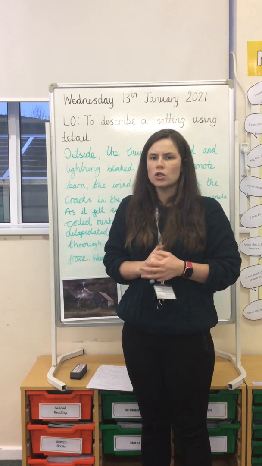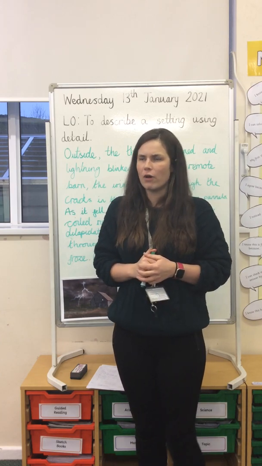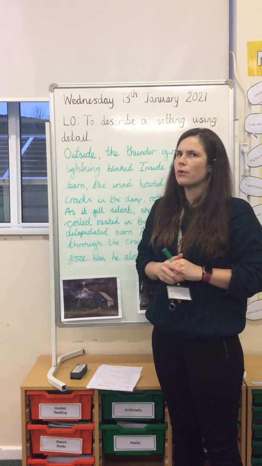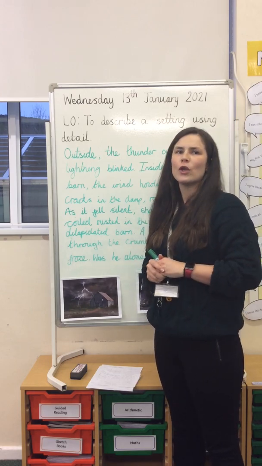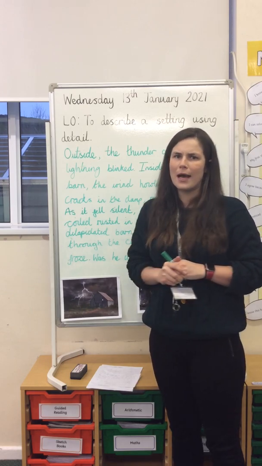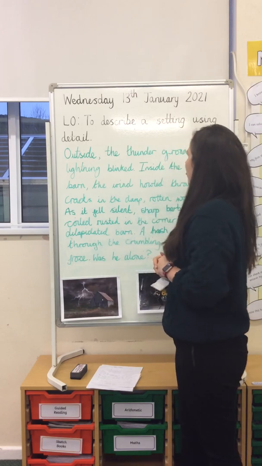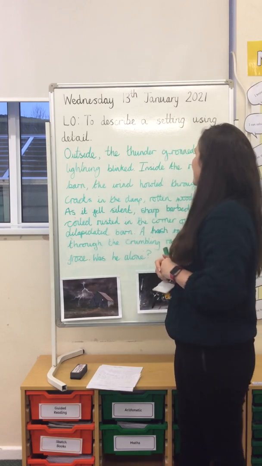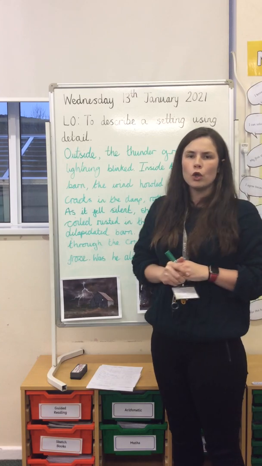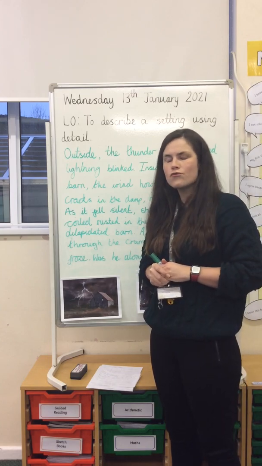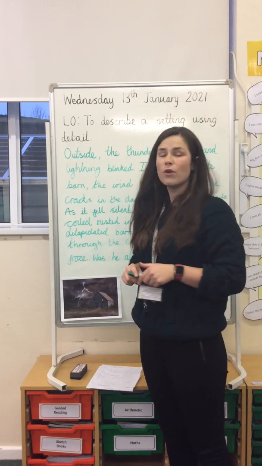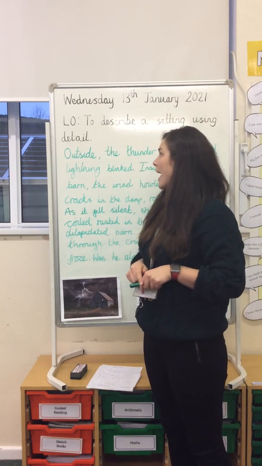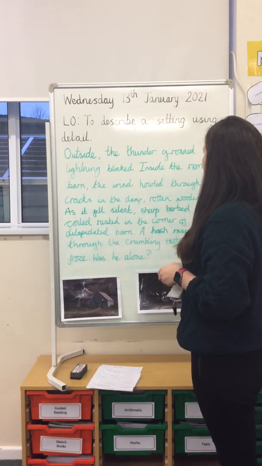So your challenge today is to write a paragraph. I am expecting perfect, beautiful handwriting that you show to me every day in class, because you can all do it really well, okay? So, remember, we're describing a setting using detail. Use some pictures to help you. Read the text. I have chosen words from what I learnt yesterday in my text.